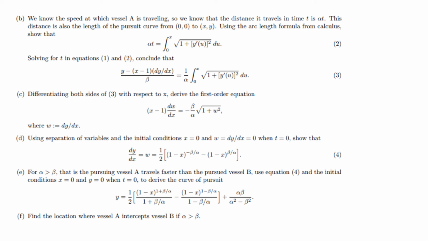Part F. Find the location where vessel A intercepts vessel B if alpha is bigger than beta.